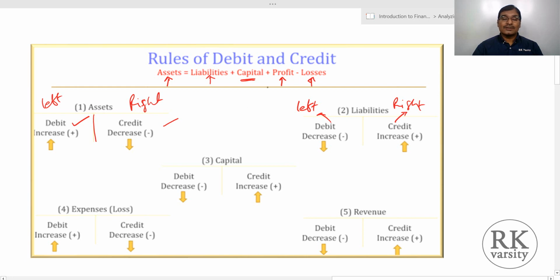Once you are familiar with this, then simply remember this: increase in assets on the debit side and decrease in assets on the credit side. This is sufficient because the other side of the equal sign is the opposite of this. So increase is credited and decrease is debited for all these four items.